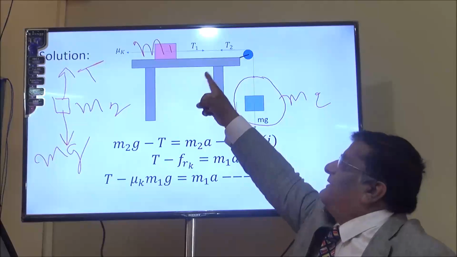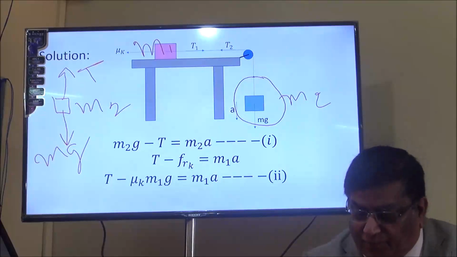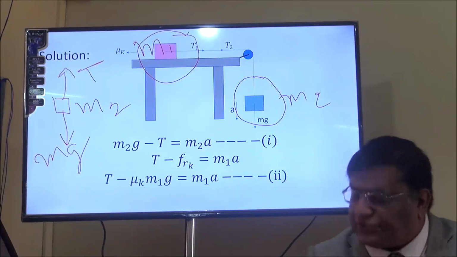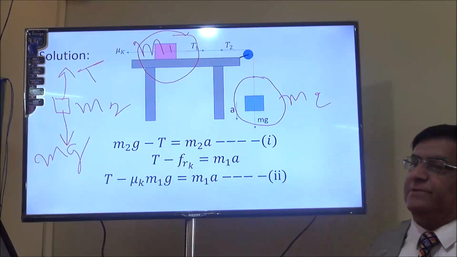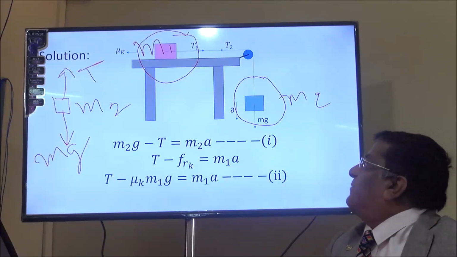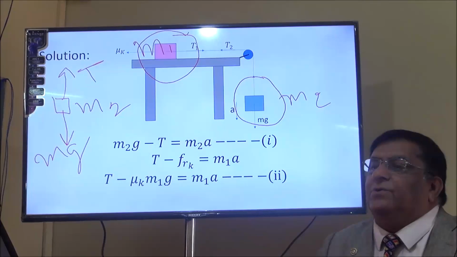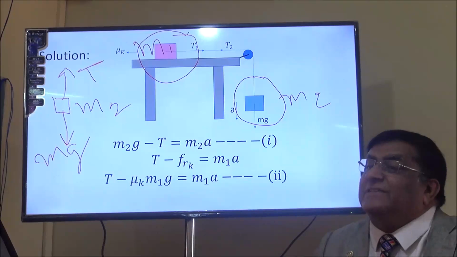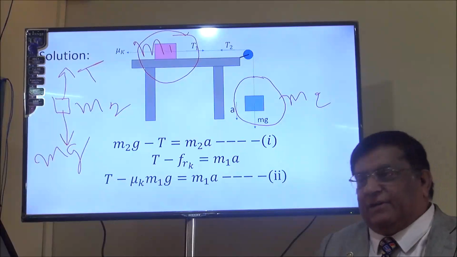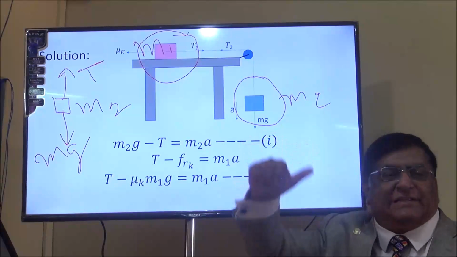Now make a free body here. If you make a free body, what is the force in the rightward direction? T. What is the force backward? Mu into M1. What should be the net force? Which is larger? T is larger because it is moving in this direction.